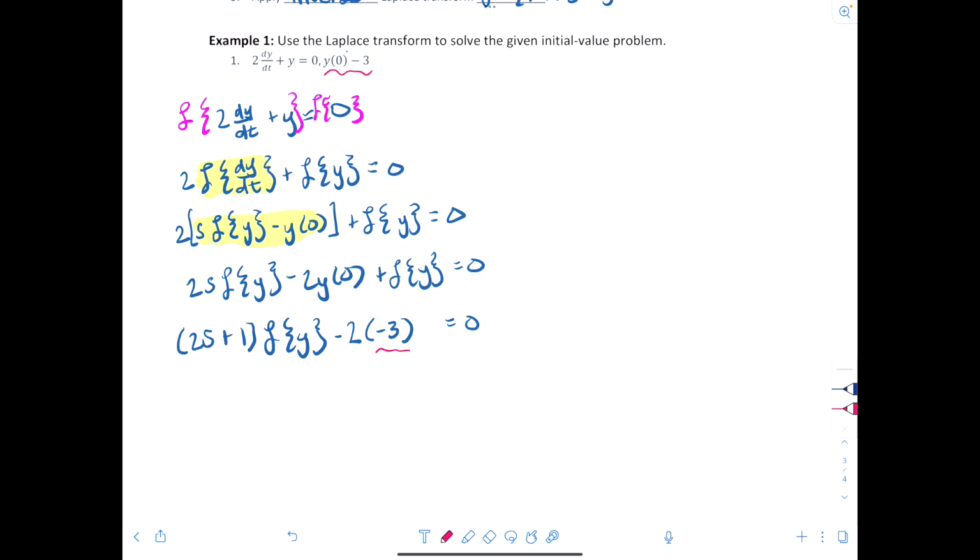That should be equals negative 3. And then we will have L at y equals, so 2 times negative 2 times negative 3, that's plus 6. And so I'm going to get a negative 6 when I bring it over, and then I have to divide by 2 times s plus 1.